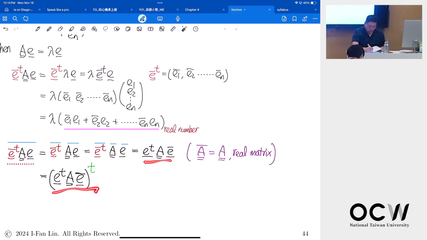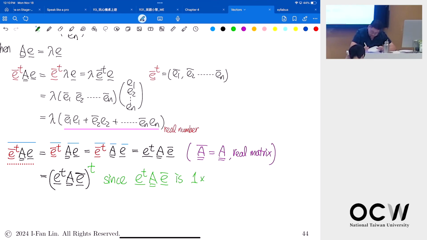Why? Because E conjugate transpose times A times E is actually a 1 by 1 matrix. So when I take the transpose, it doesn't matter.